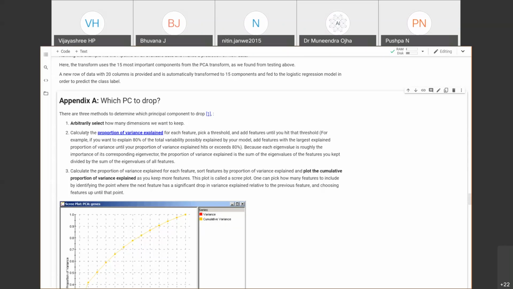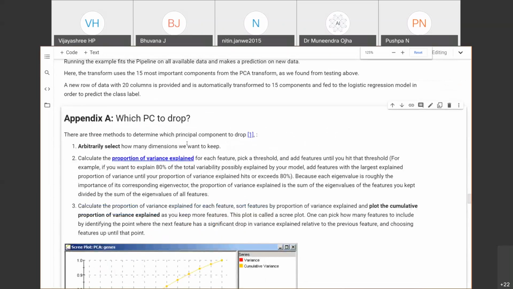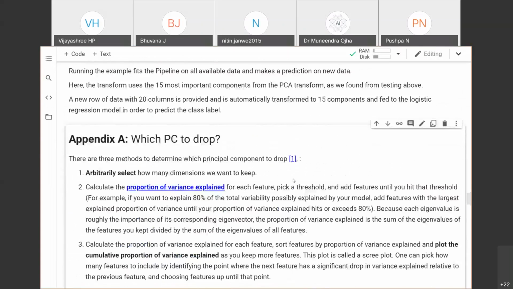So what it says: calculate the proportion of variance explained for each feature, pick a threshold, and add features until you hit that threshold. For example, if we want to explain 80% of the total variability possibly explained by our model, add features with the largest explained proportion of variance until your proportion of variance explained hits or exceeds 80%.